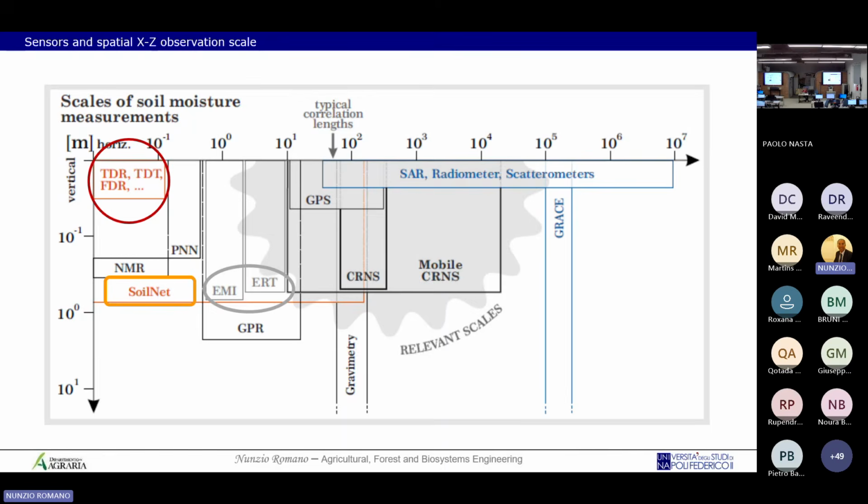So again, my suggestion is first of all to have an integration of measurement equipment.